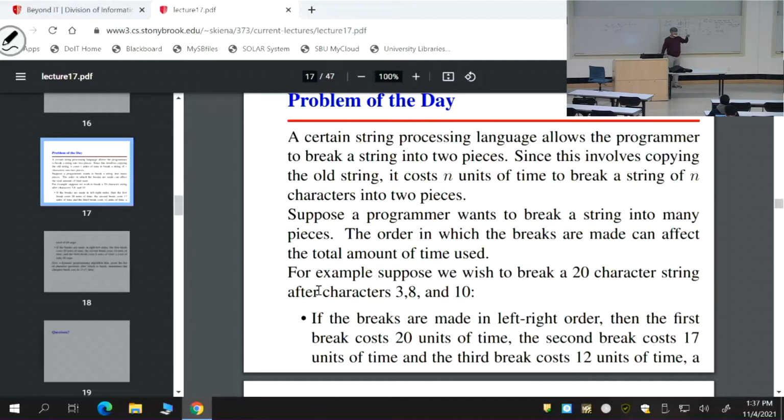Ideally someone else. I see these hands are going up, but it's just as true elsewhere in the room. Yeah? Plus the cost from I to K, right? After I've made the cut at K, my left side is a smaller problem.